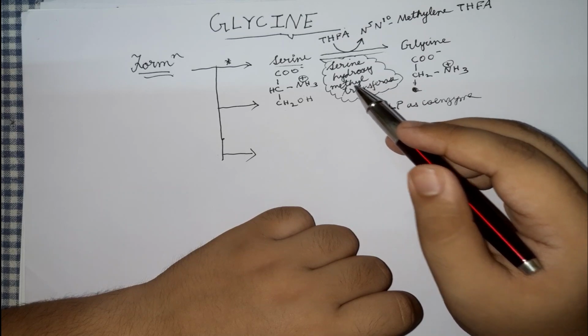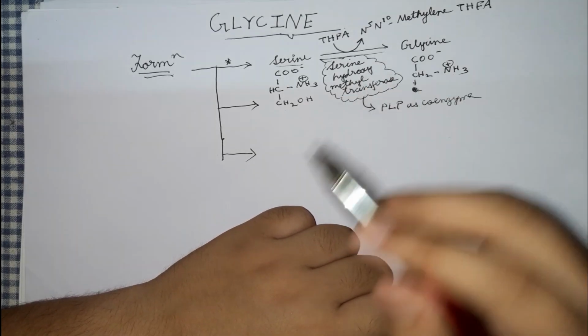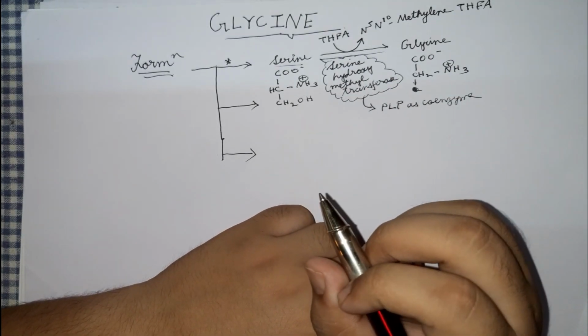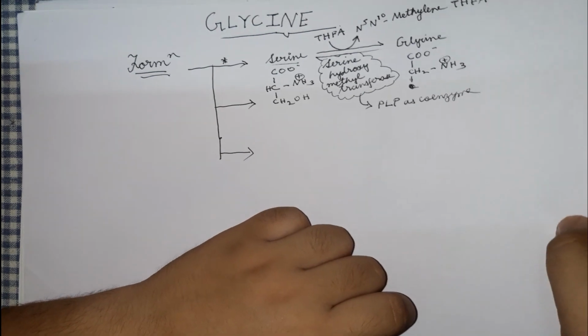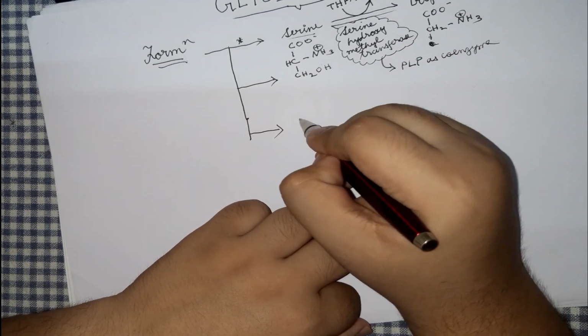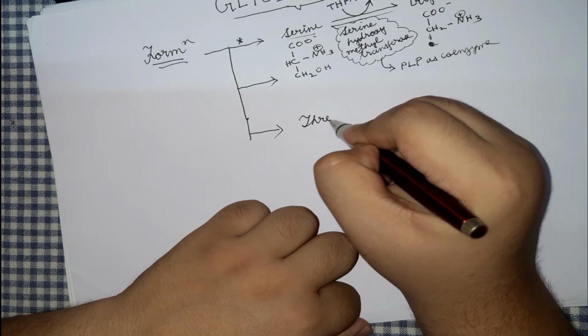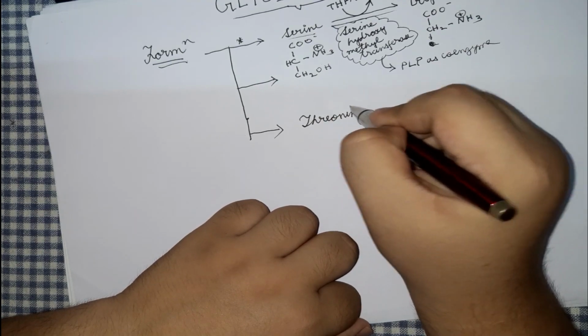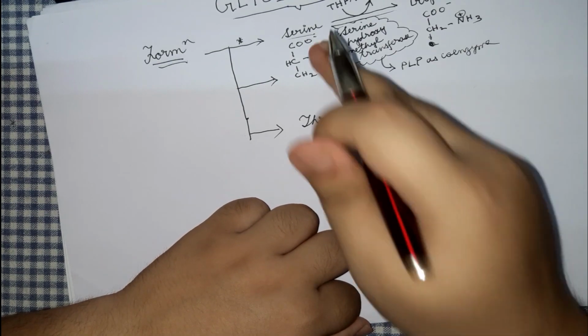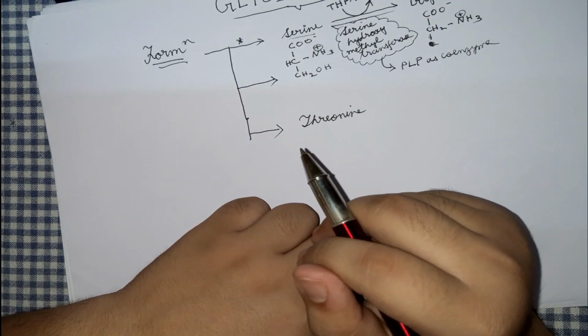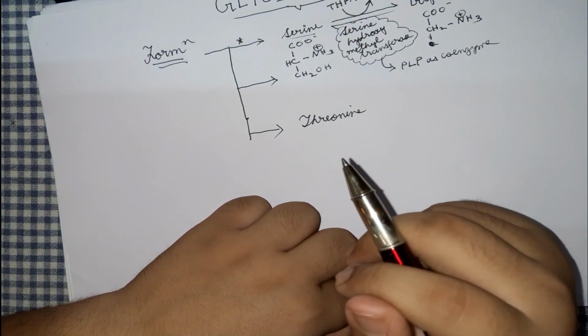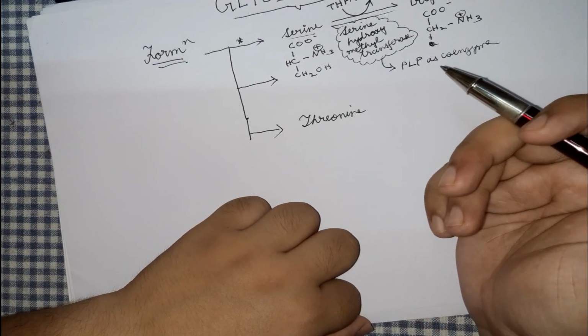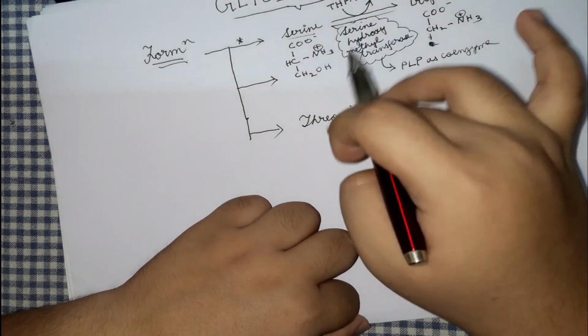Now, I said that serine forms glycine. So let's suppose that serine's brother threonine also forms glycine. Why did I say threonine to be serine's brother? Because both are hydroxyl containing amino acids. Easy, simple. That is why they are brothers.